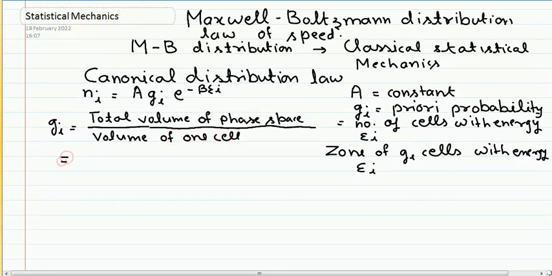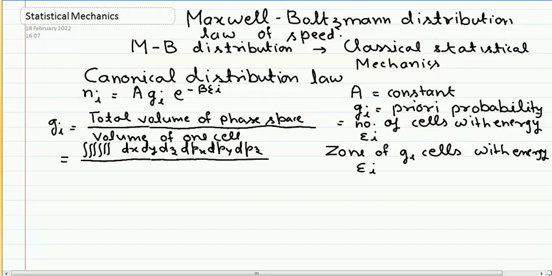The total volume of phase space means we have to integrate over dx, dy, dz, and then dpx, dpy, and dpz, divided by the volume of one cell, and the volume of one cell is h cube.